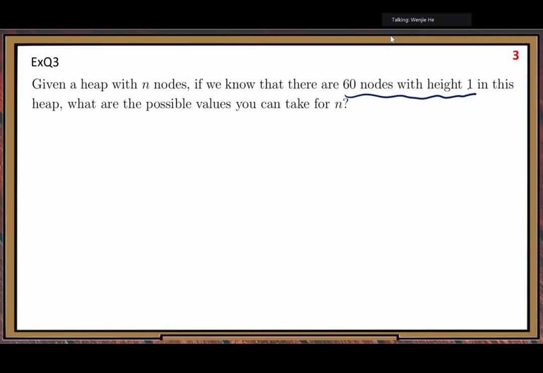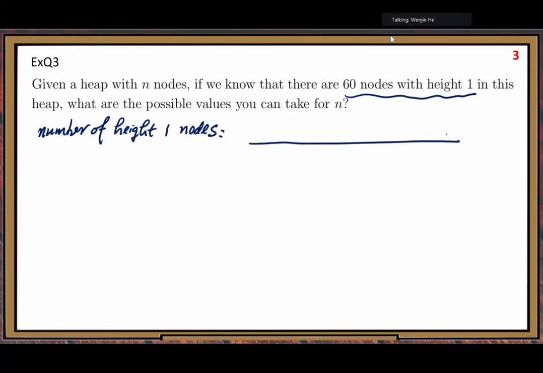We use a similar idea, but the formula is slightly different. We need the formula for the number of height 1 nodes. Let me recall the range, which you can find in your notes.